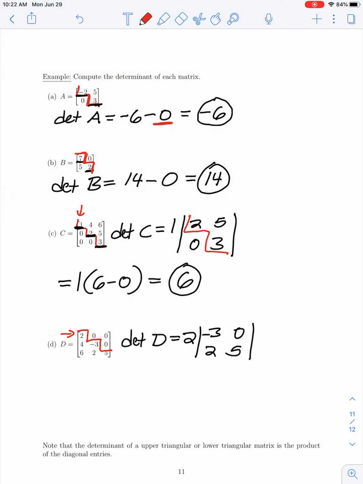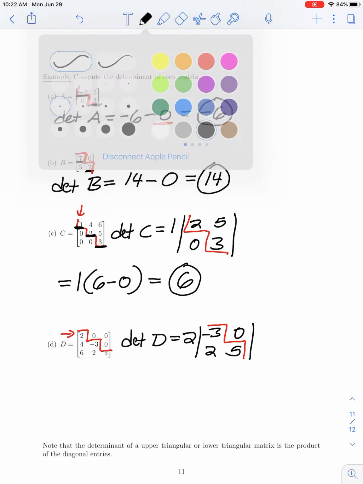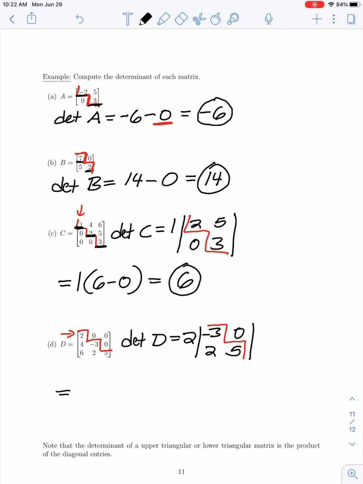For the 2 by 2 submatrix that I'm left with, notice that it is also in lower triangular form, since it's got a 0 above the main diagonal. And we find then that our determinant would be 2 times -15 minus 0, so -30, which is, again, the product of these 3 diagonal entries.